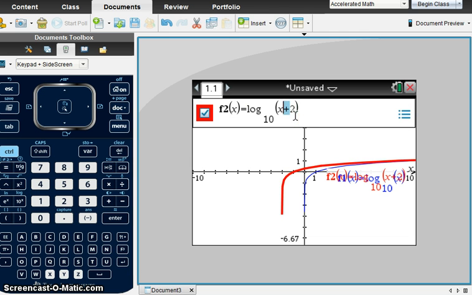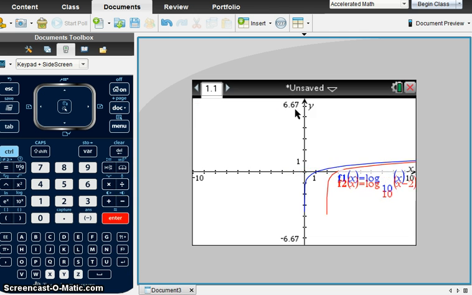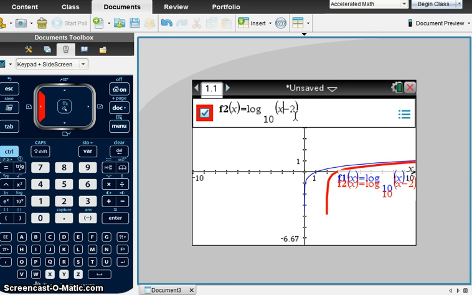Whereas if we come up here and take away 2, it's going to shift 2 to the right. So again, if you want to do a horizontal translation, you need to change the numbers that are in the "of." You either need to add if you want to shift to the left, and take away if we want to shift to the right. And again, just to use some of the variable language here, this is our h, whereas the vertical one would be the k.